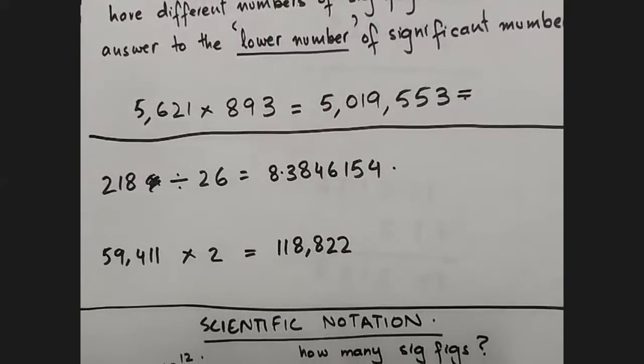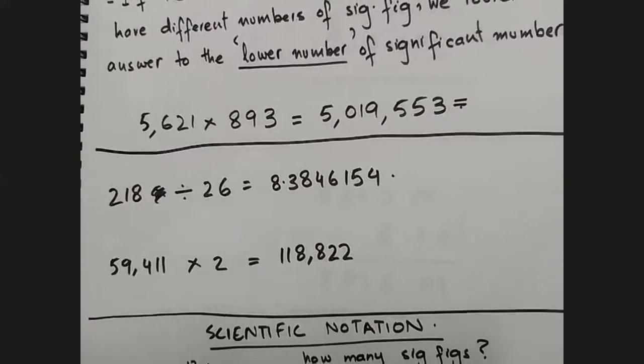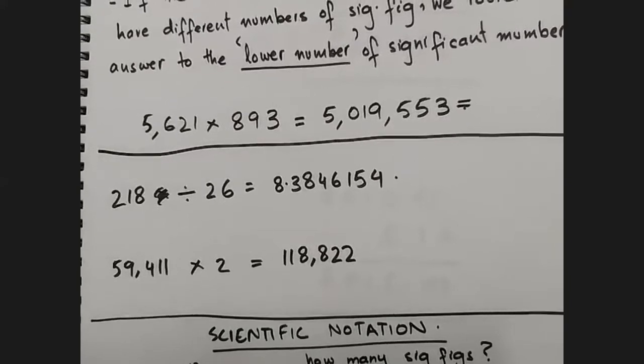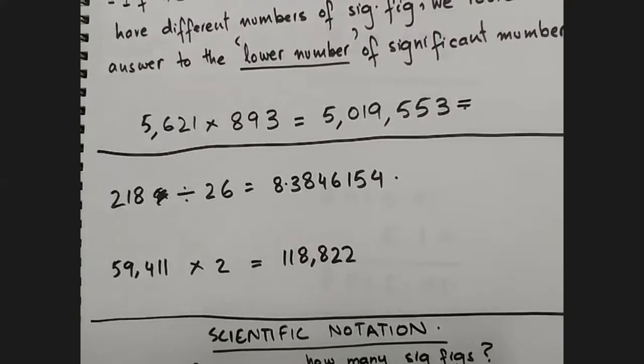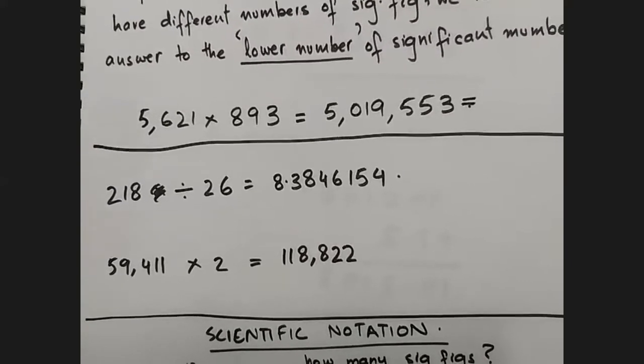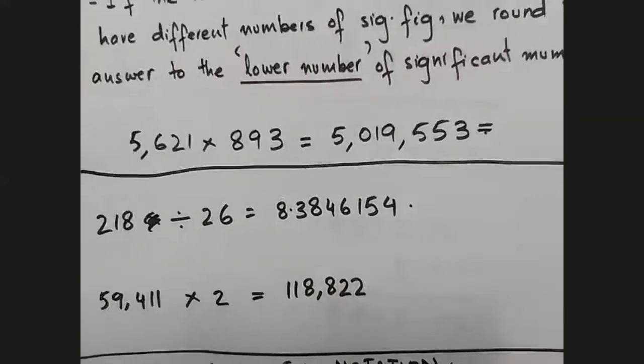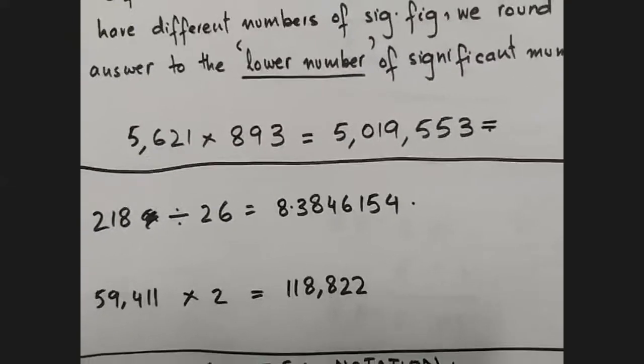It can be 9 million something, or a few stars less than 9 million. We don't know about those last trailing zeros. Those last trailing zeros are estimates. We are not sure. So when we are not sure about a digit, it's not significant.